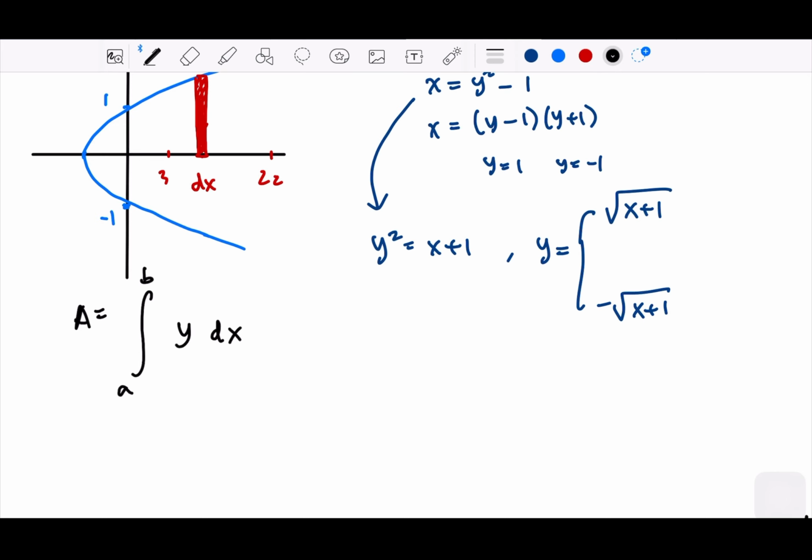So if we take this 3 to 22 and evaluate this, this will be our top area.